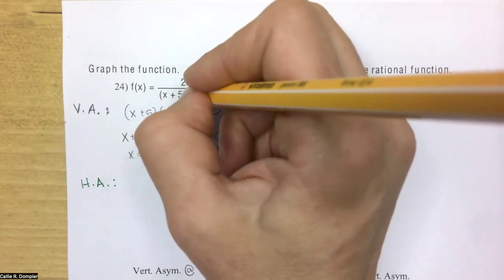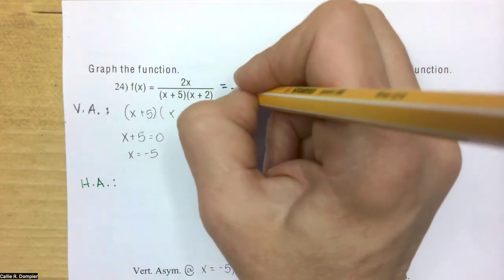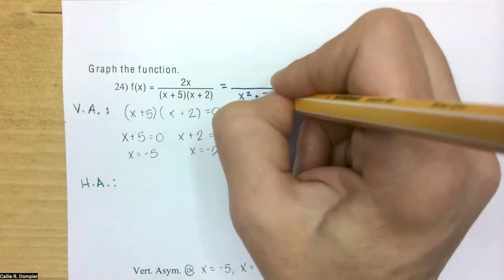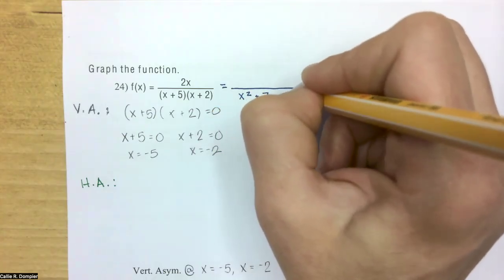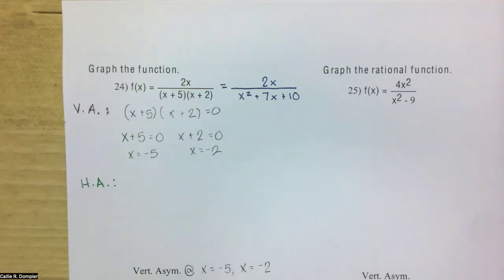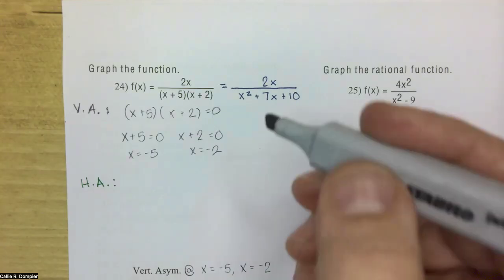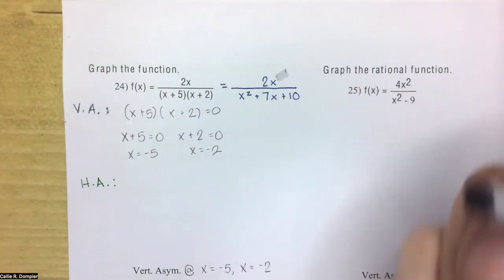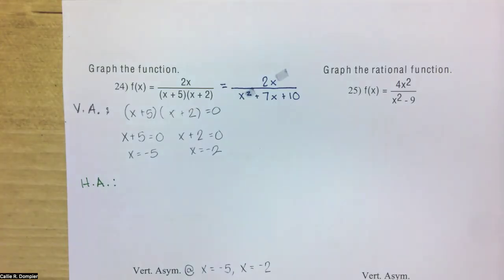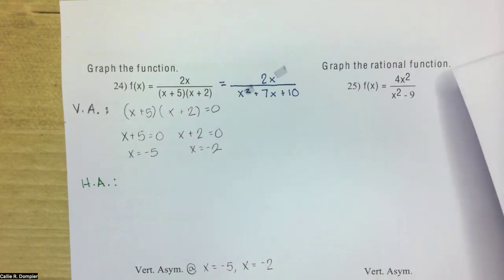X plus 5 times x plus 2 is going to be x squared plus 5x plus 2x means plus 7x plus 10. All right, so now I can see the powers of the leading terms, right? This is to the power of 1, or the degree of 1. This is to the degree of 2. So my horizontal asymptote is at, where are my notes?